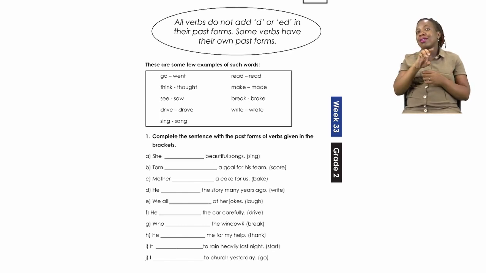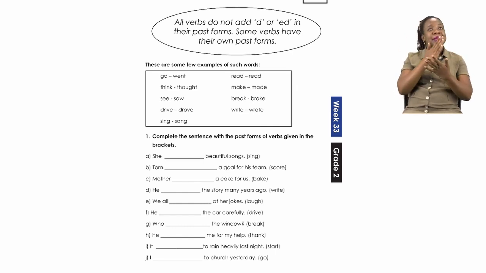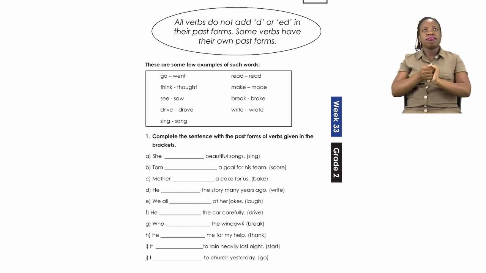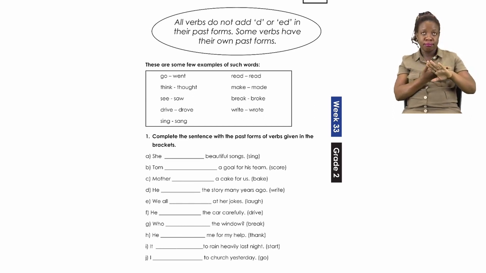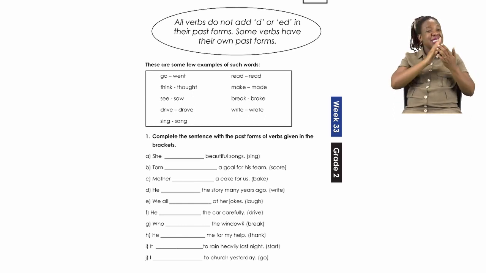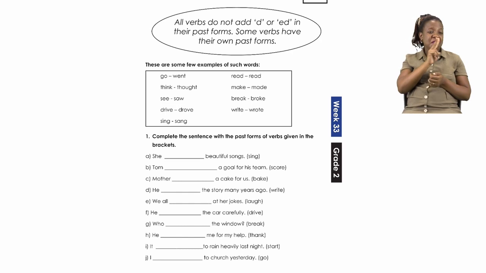And then it says, these are some few examples of such words. This means basically, boys and girls, that when these words are changed to the past tense, the whole word changes to a different form.